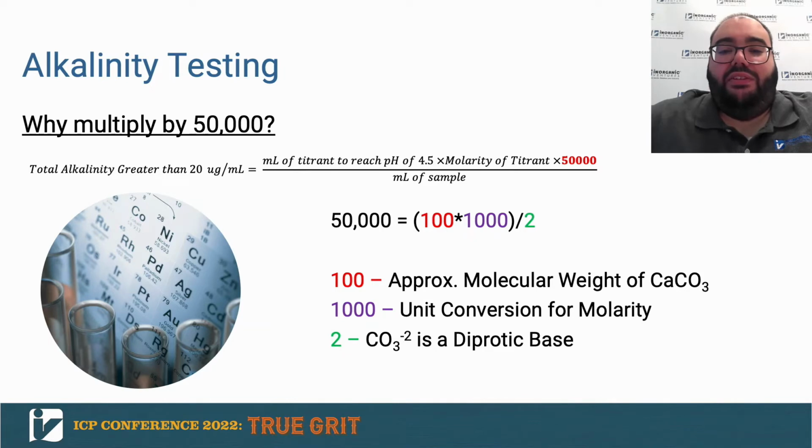Since molarity is usually moles per liter, and we work in terms of milliliters for our sample and our titrant, there is a unit conversion there for molarity. And then we're dividing by 2 because, since we're looking for milligrams of calcium carbonate, carbonate is a diprotic base. So next we're going to talk a little bit more about the diprotic base and how that affects our titration.